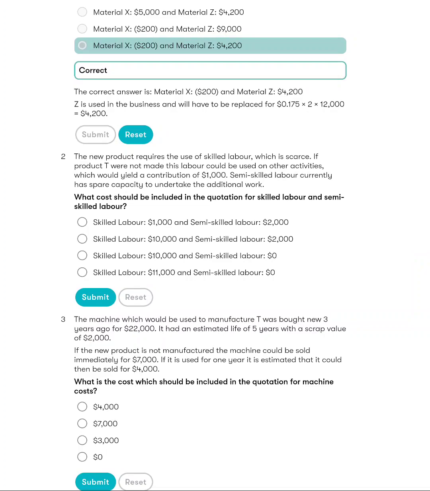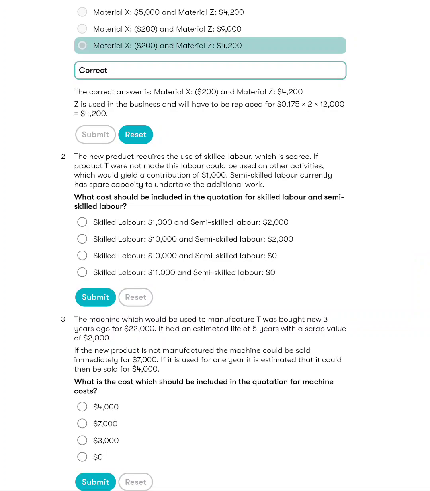So if the product T were not made, this labor could be used on another activity which was yielding a contribution of $1,000. In case of semi-skilled, the company currently has spare capacity to undertake the additional work. So in case of spare capacity, that means idle time, there is no relevant cost and it will be 0. That means we have option 3 or 4.